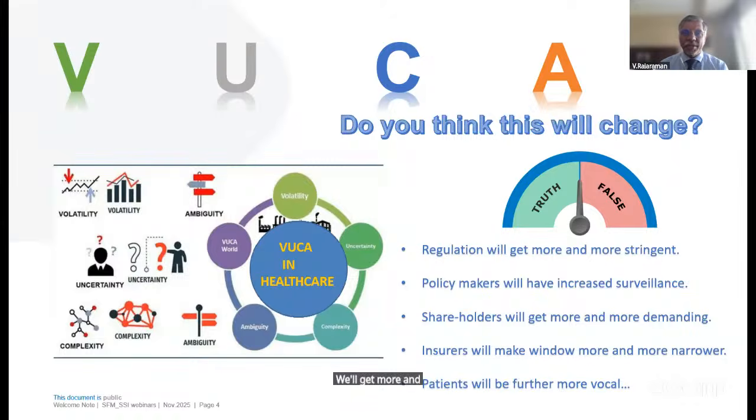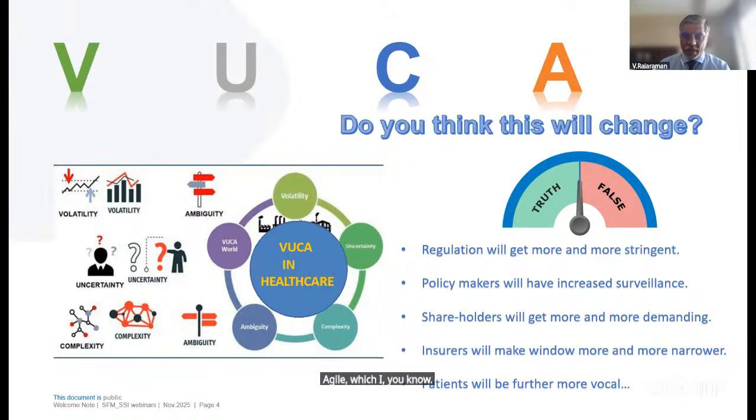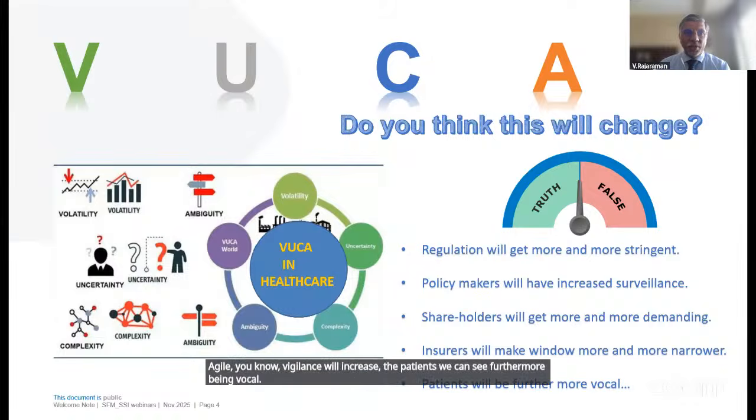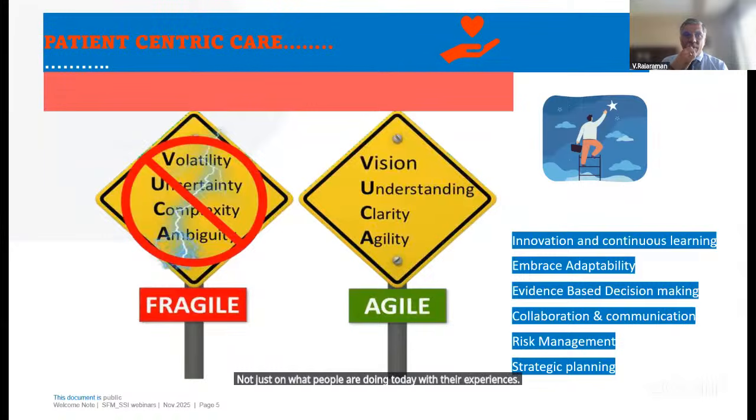The policy makers and the insurance companies will get more agile and vigilance will increase. Patients are also becoming more vocal about their experiences. So if the system is becoming fragile, how can we as healthcare workers become agile?